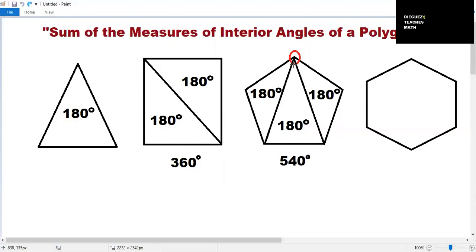Now, of course, we have different shapes, different polygons. So I'm gonna go ahead and show you for a five-sided polygon. So this is a pentagon. What I'm gonna do here is pick a vertex, and that's where I'm gonna draw all of my diagonals coming from, okay? It is very important that we don't have any lines overlapping.